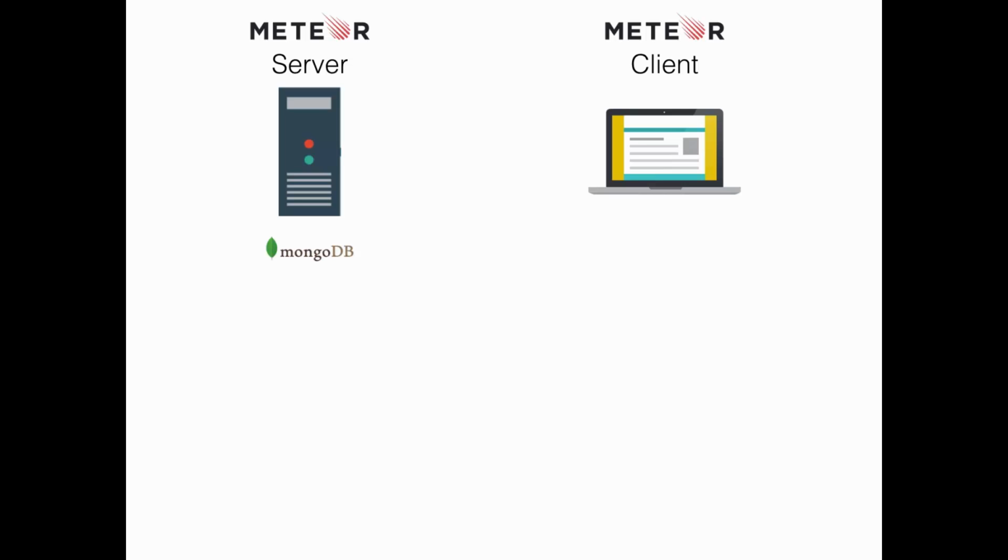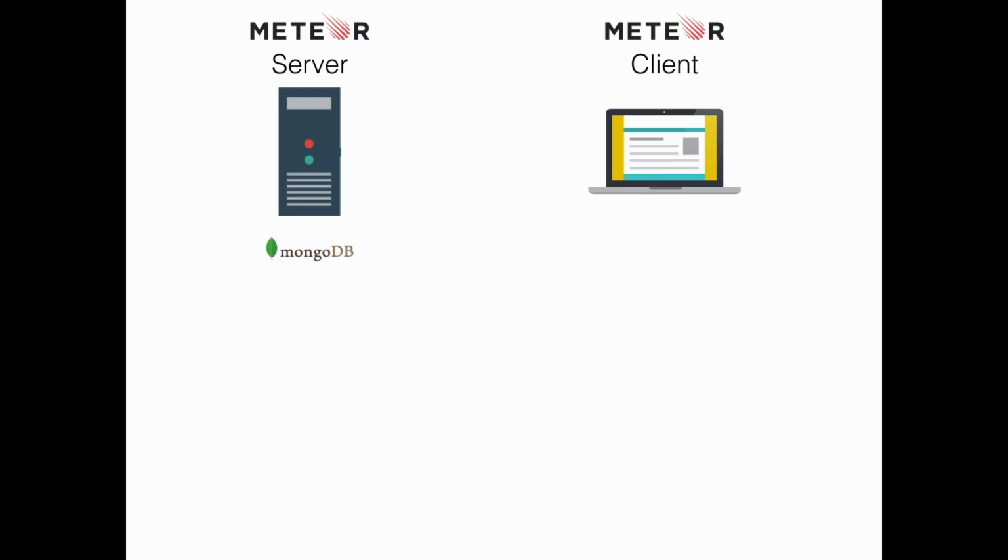There is some work to get Meteor working with MySQL and PostgreSQL and other databases. They do have it planned in the future to be part of the core of Meteor, but for now they're just third-party packages, and I'd recommend sticking with MongoDB.